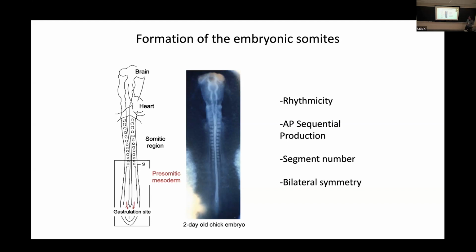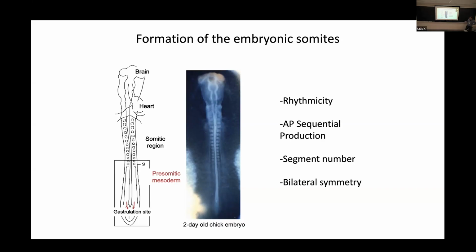One question you may ask is what controls the total segment number? Each species has a defined number of somites, and that's what controls the total number of vertebrae and hence the vertebral formula. I'll try to show you how this total number of segments is controlled in embryogenesis.